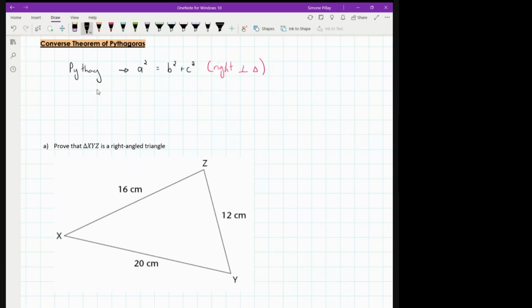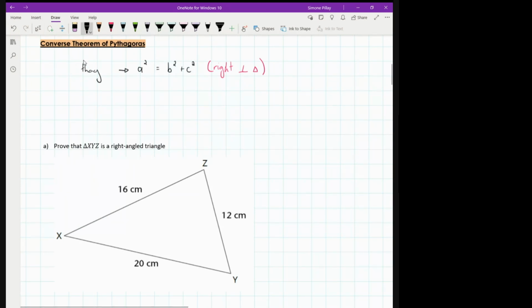But now we can use the converse of Pythagoras, meaning we don't know that a triangle is right angled, but we have all of the lengths. We substitute our lengths in here, and if my equation balances, meaning it gives me a correct answer, then my triangle is a right angle triangle because Pythagoras works. And if Pythagoras does not work, then it's not a right angle triangle, because Pythagoras will only work on right angle triangles.